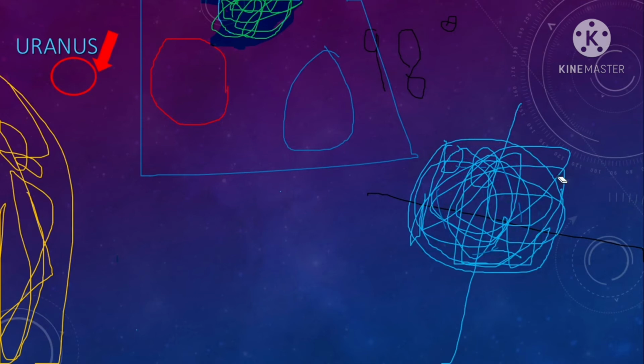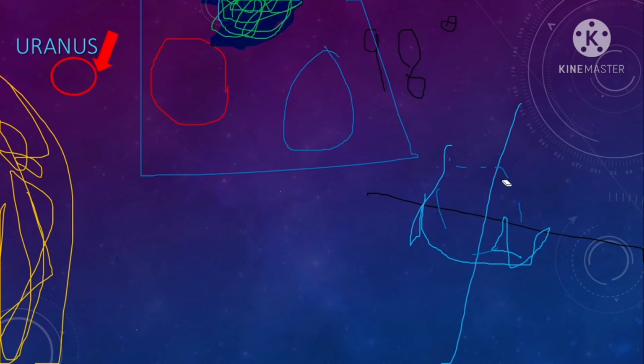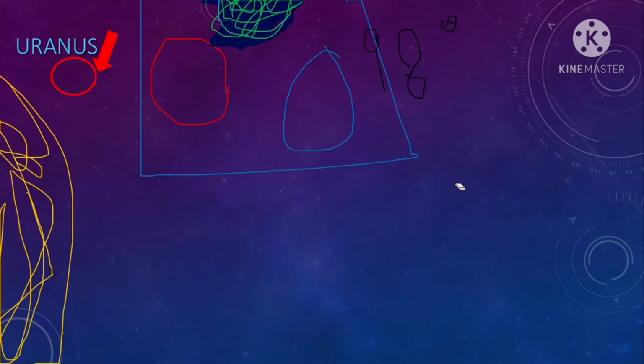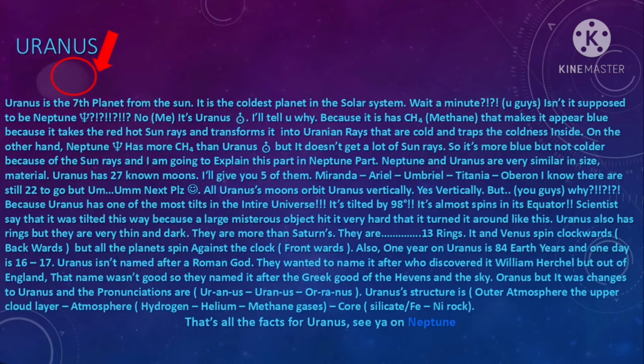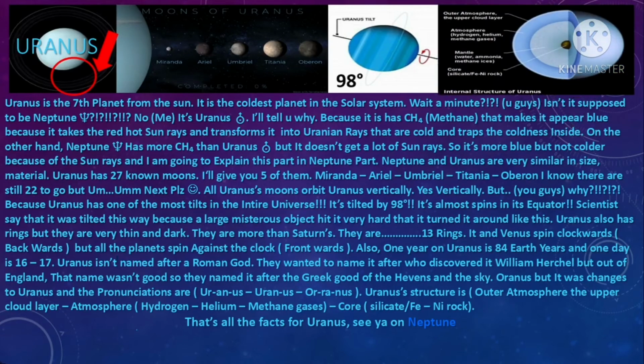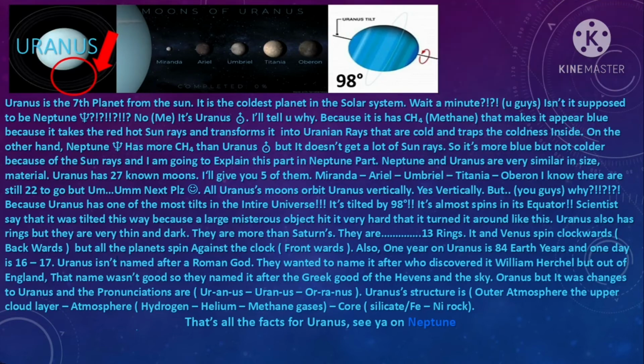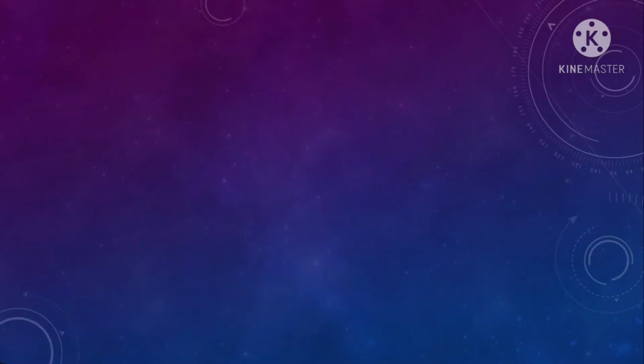Okay, now we know this part. Okay, let's go. I'm going to erase all of this. Okay, this is the reason why Neptune, while Neptune here, on the other hand, I'm going to draw for you Neptune.